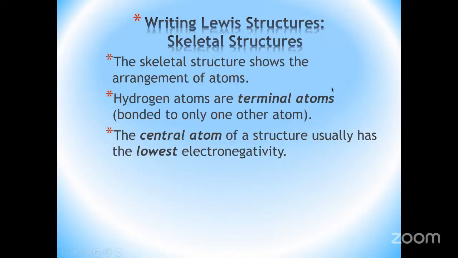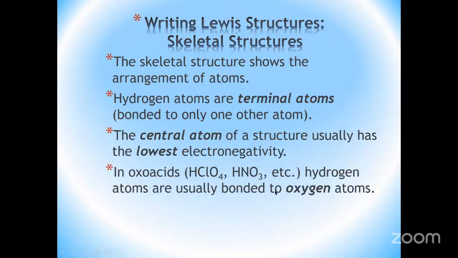In other words, the hydrogen atom cannot be bonded to more than one atom, all right? And then also, in terms of determining which atom would be the central atom, it would be the atom that has the lowest electronegativity. And of course, you guys will have the tables to look at in order to determine which atom involved in a structure would have the lowest electronegativity.